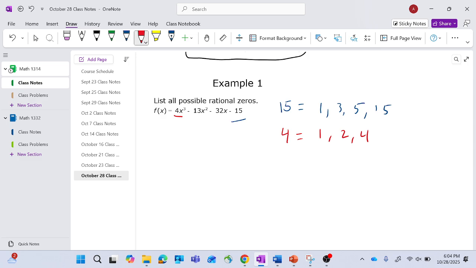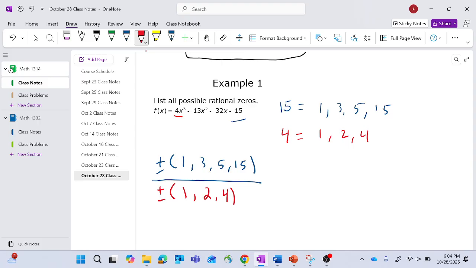So all my possible rational zeros, they're going to be in the form of plus or minus the factors of 15, 1, 3, 5, and 15, all over factors of the leading coefficient, which is plus or minus 1, 2, and 4. So this is how I like to set it up before I write my final answer.